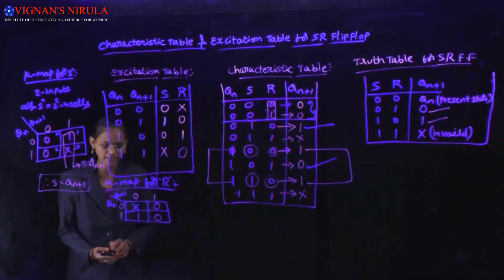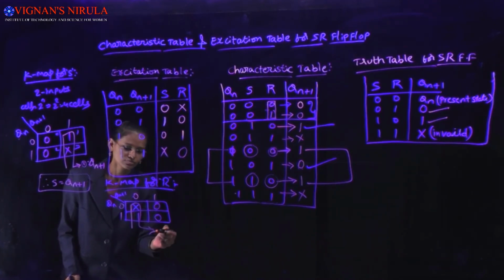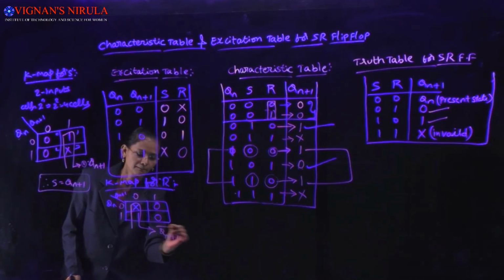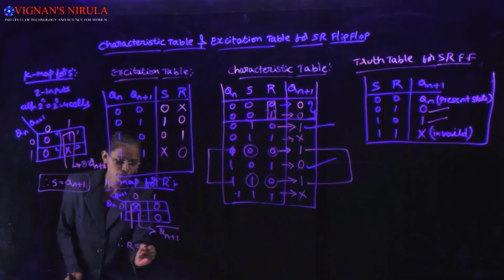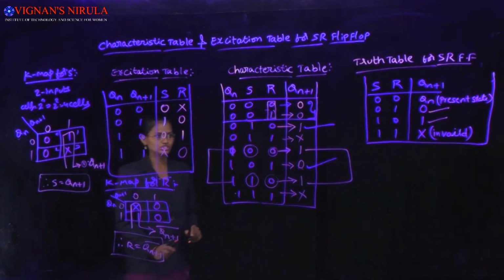Here the grouping is 1, 0 and 2. This is Qn plus 1 bar. Okay, so write down R equal to Qn plus 1 bar. This is the R characteristic equation.